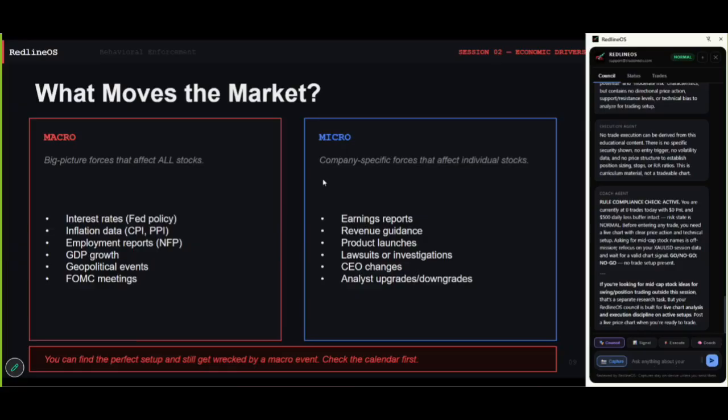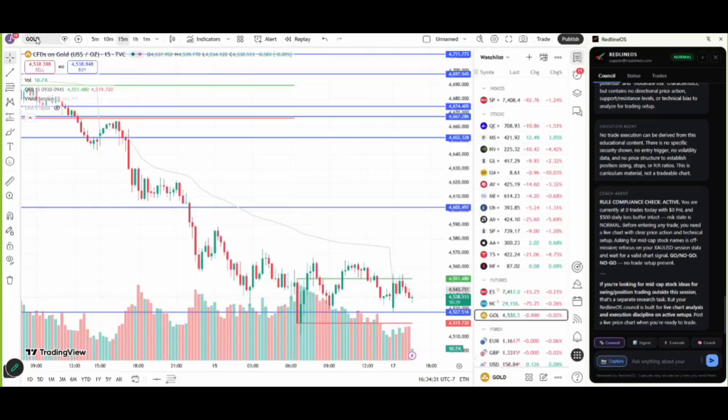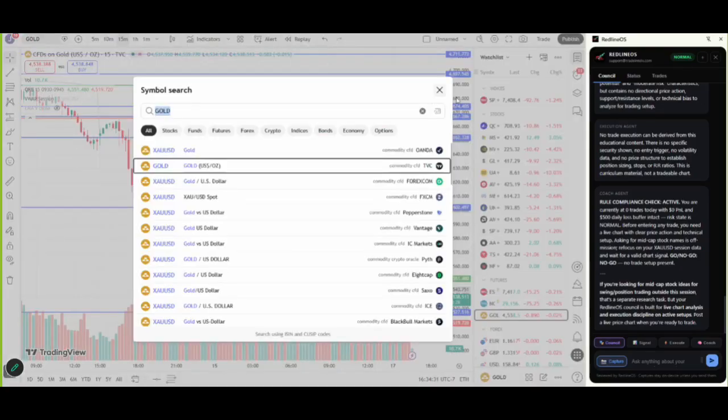Right now, Tesla's Elon Musk is going through a lawsuit with Sam Altman, who is the CEO of OpenAI. So that can actually move Tesla. Earlier last year, the assassination of the United Healthcare CEO tanked that stock like crazy. I can even show you right now what I'm talking about.